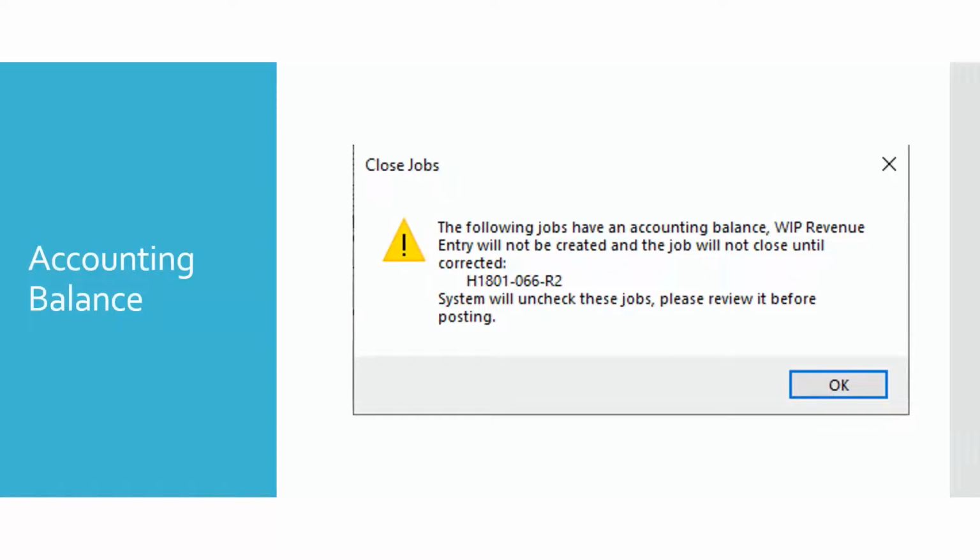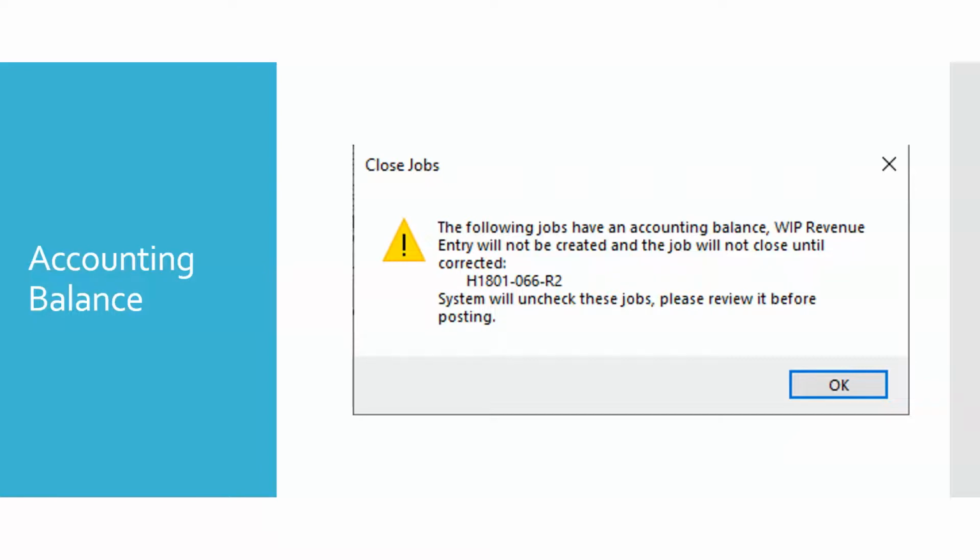Another notification is accounting balance. This means that there are future dated transactions. Future dated means entries that are dated after the date you are attempting to close a specific job.